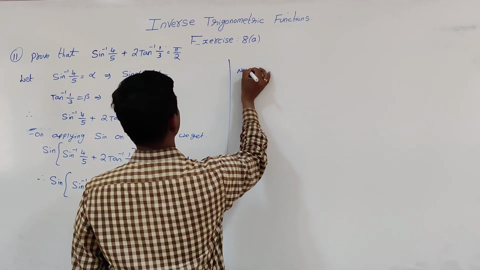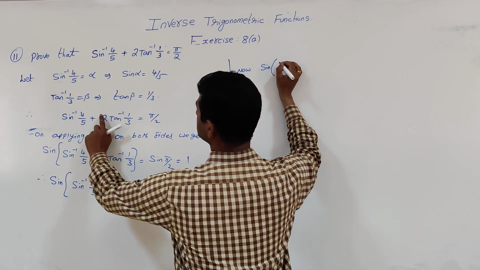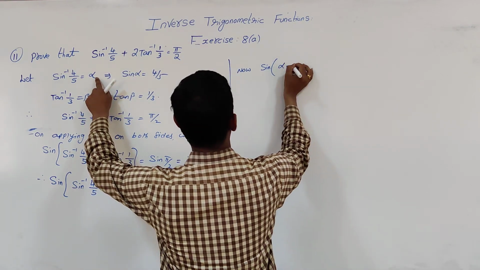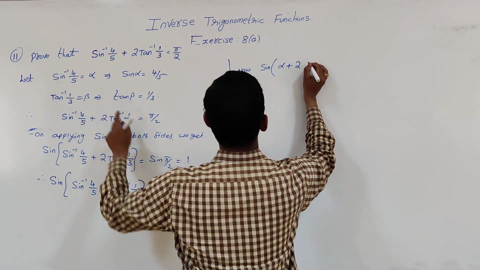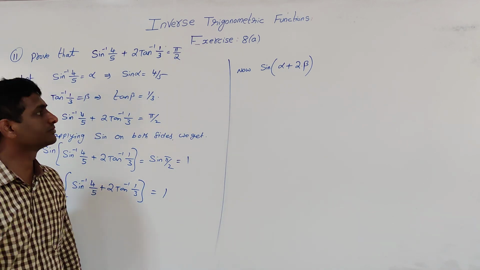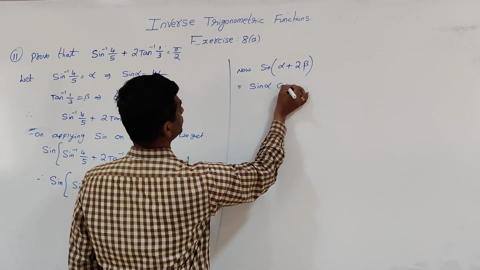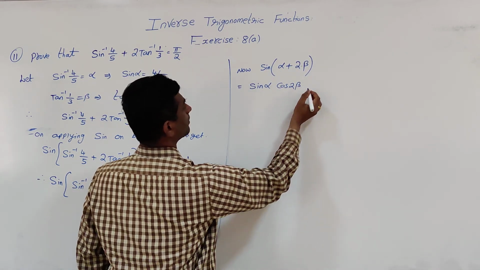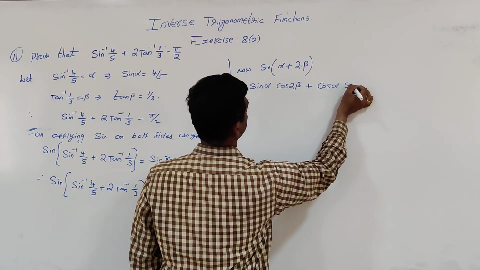Now sin inverse of 4/5 is alpha, plus 2 is as it is, tan inverse of 1/3 is beta. Means now it is in the form of sin of (a plus b). So that is sin alpha cos 2 beta plus cos alpha sin 2 beta.